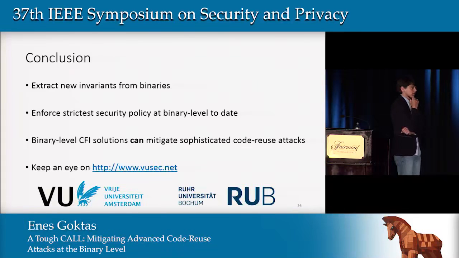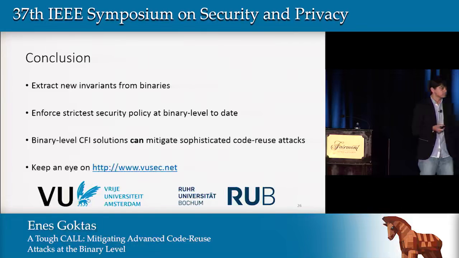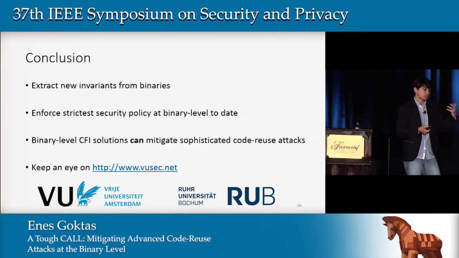So during the COOP attack, it uses the main loop gadget, where it has one indirect call site, and it calls different functions, right? Okay. So we look at the indirect call site, and in the advanced code reuse attacks we looked at, we could see that the indirect call used in the main loop did not match at least one of the functions that were called. So in that way, we could stop the attack.